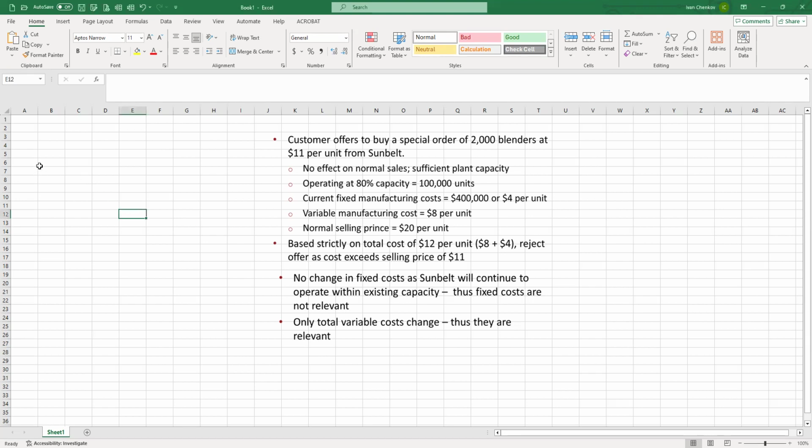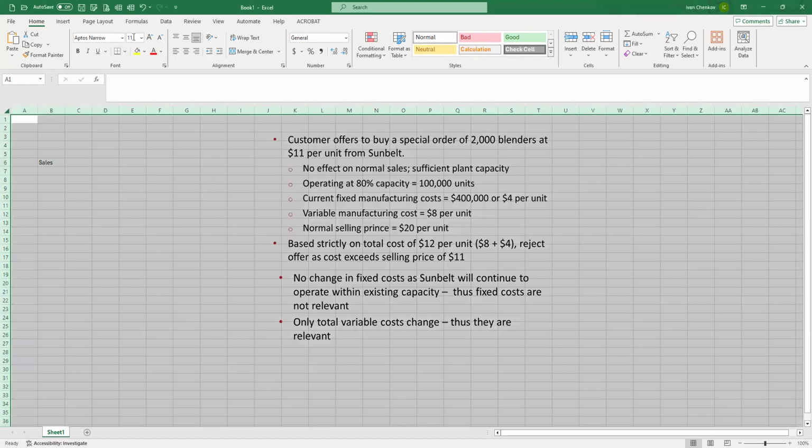Now, this customer offered us to buy a special order of 2,000 blenders at $11 per unit. So if we sell it, what are we going to get? Let me make this a little bit bigger so you guys can see it.